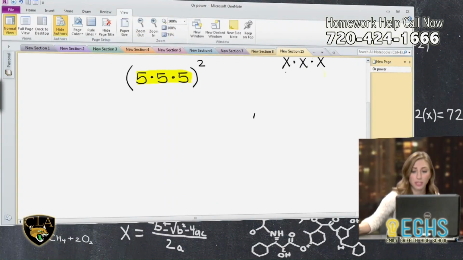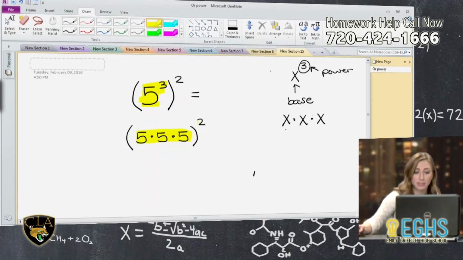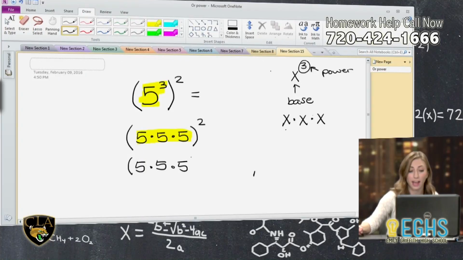Now, thinking back to what an exponent means, we're taking the base and multiplying it by itself that many times. In this case, my base is more than one thing. My base is actually these three 5s. So if I expand this, I'm doing 5 times 5 times 5, but I have to do that 2 times. So I'm going to do it again: 5 times 5 times 5.